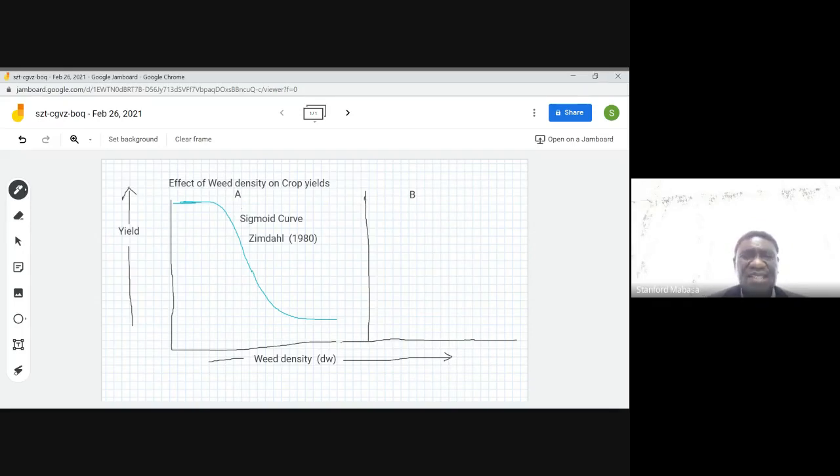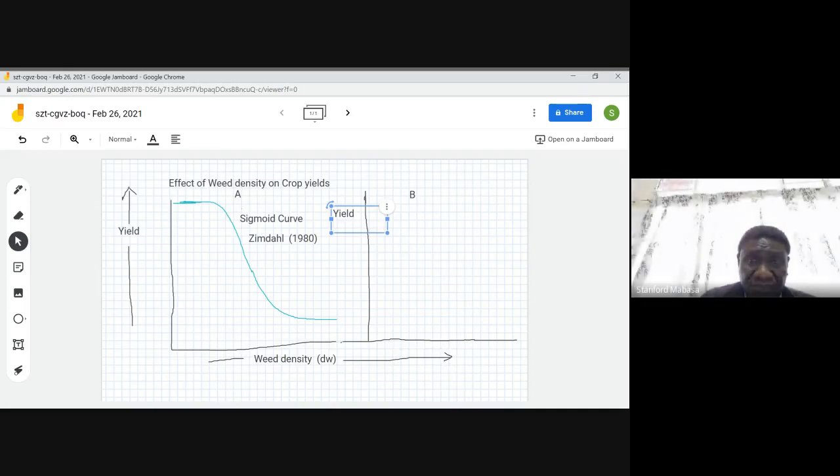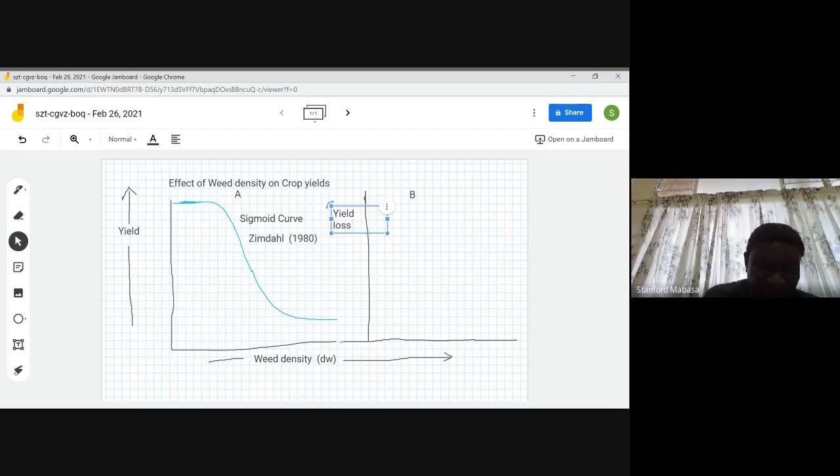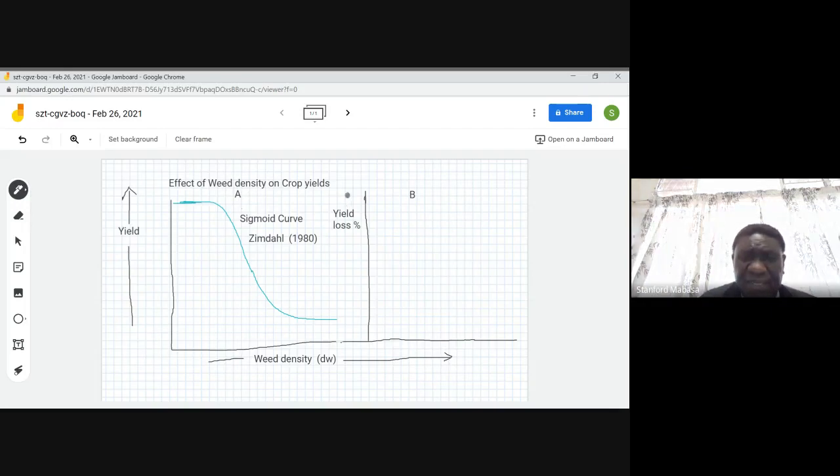Now I want to draw a second graph showing yield loss. And yield loss, we can represent it as a percentage.